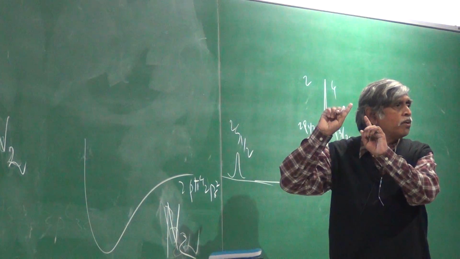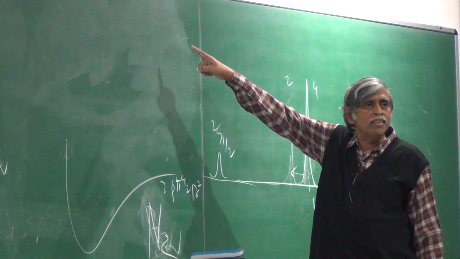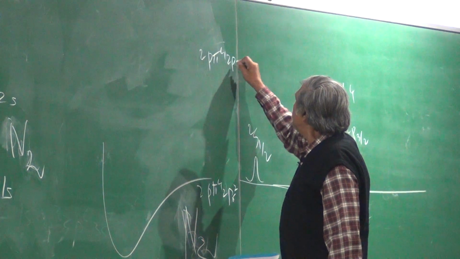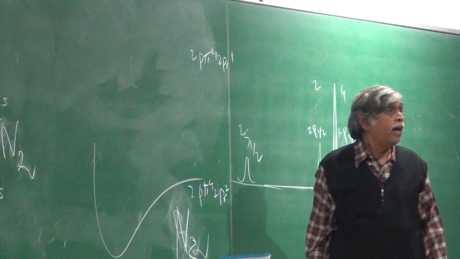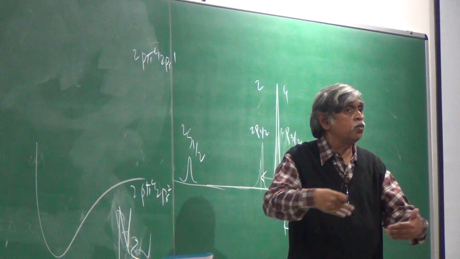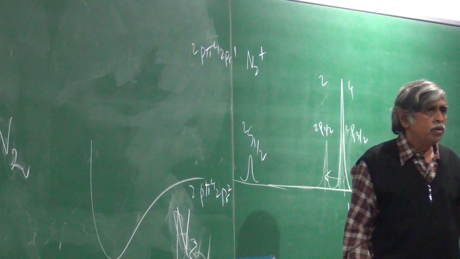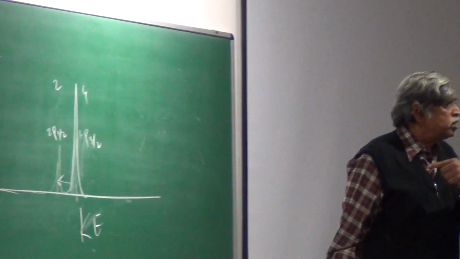When I knock off one electron from here, what am I going to get there? 2p pi 4, 2p sigma 1. And there must be a potential curve corresponding to that, right? This is N2 plus. There must be a potential curve corresponding to this.